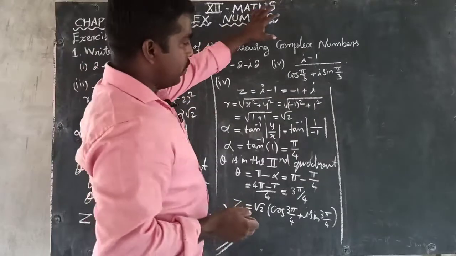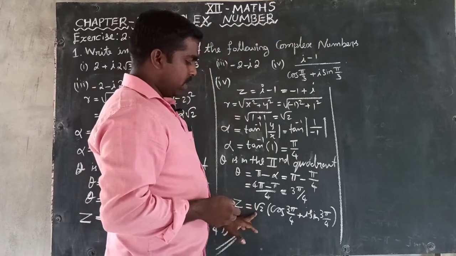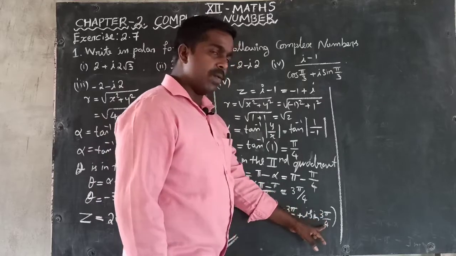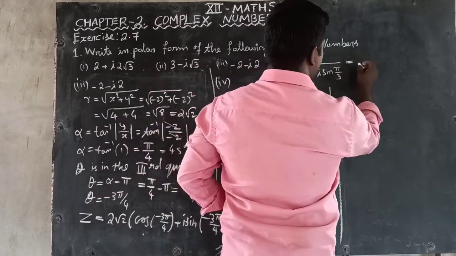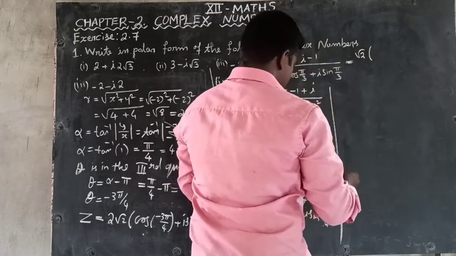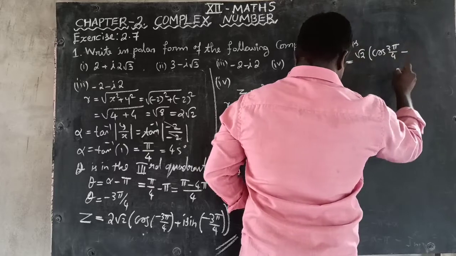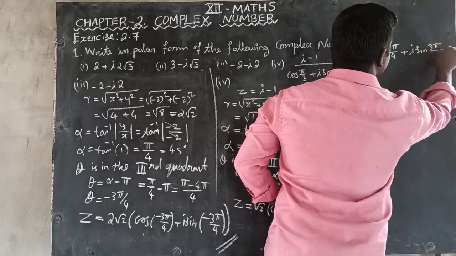Next, the numerator value i minus 1 is root 2 into cos 3 pi by 4 plus i sin 3 pi by 4.